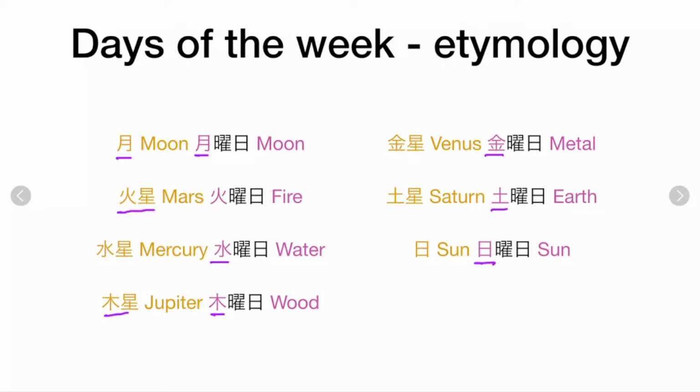Okay. So it does correspond to a planet. Each of these does correspond to a planet. So there's the moon, there's the sun. They're not really planets, but they're major objects in the sky. And then you have Mars, Mercury, Jupiter, Venus, and Saturn, which are the planets that are visible with the naked eye. And you have days of the week named after them.